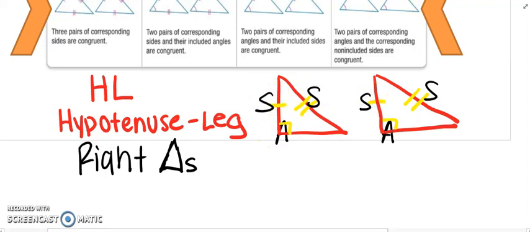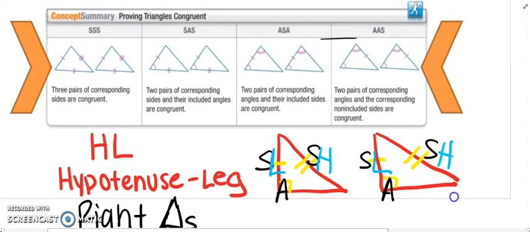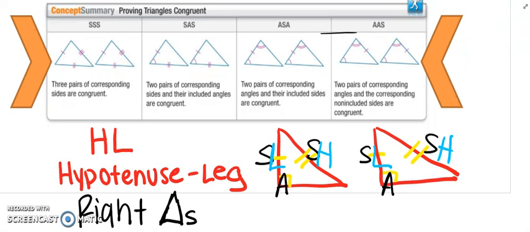This is the one exception. It would be hypotenuse leg, because we have our legs and our hypotenuse. The only exception to the ASS rule not working is if it's a right triangle, so that it's HL. So these are the 5 ways you can prove triangles congruent.